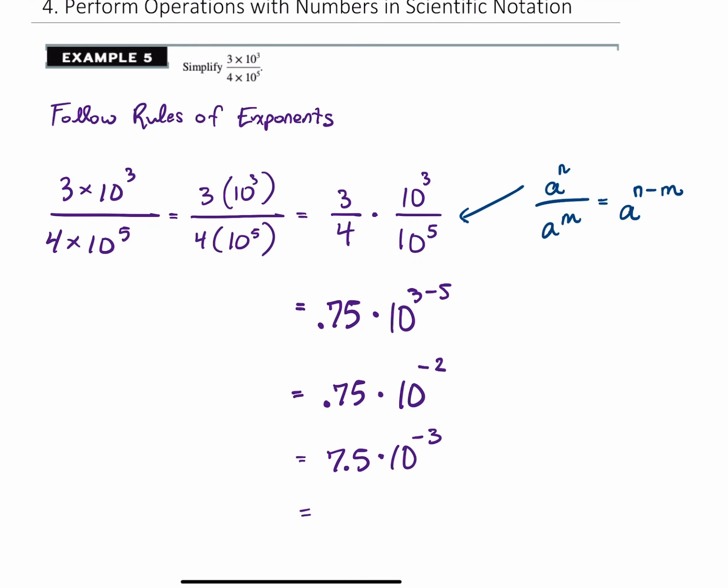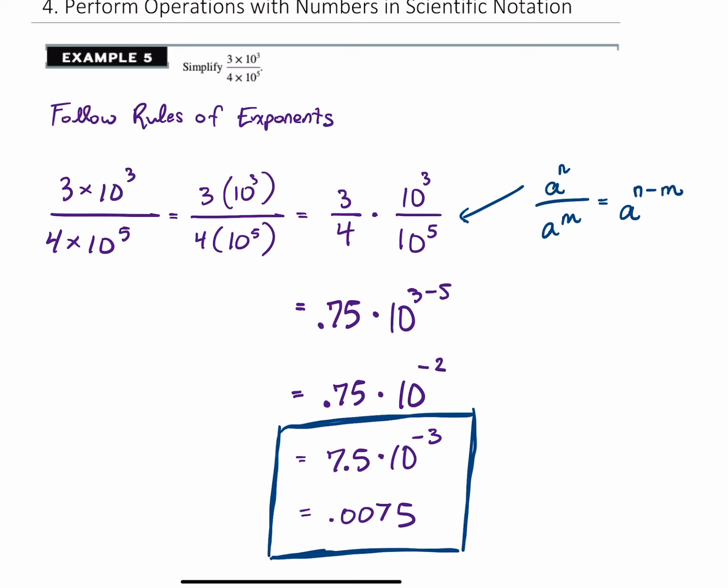And then if we expand that out, this would be 0.0075. So depending on what the question is asking, if it wants it in scientific notation, we can do that first way of writing. Or if it wanted the expanded out version, we can have our second solution.